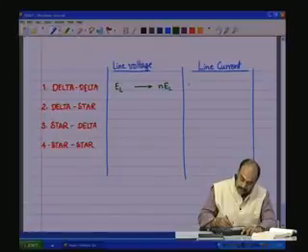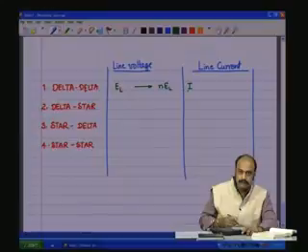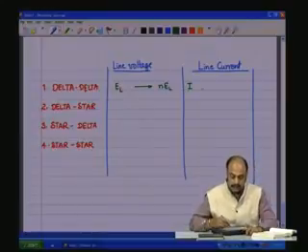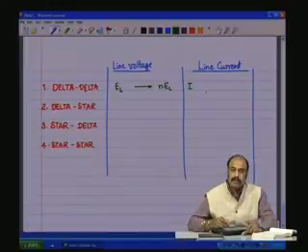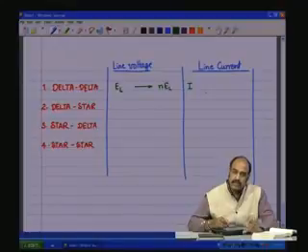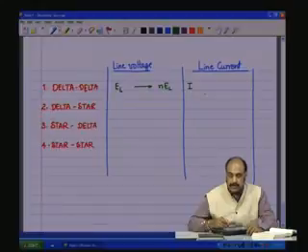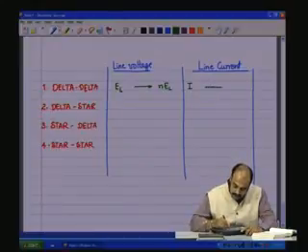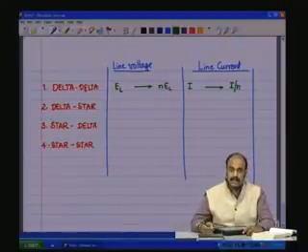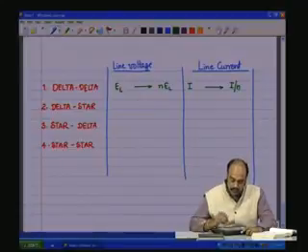And if there is a line current I on the primary side, that becomes I by root 3 in each of the primary phase coils, becomes I by root 3 by N in each of the phase coils of the secondary, and it becomes I by N, that is the secondary side line current, where you have a ratio of 1:N as the turns ratio.